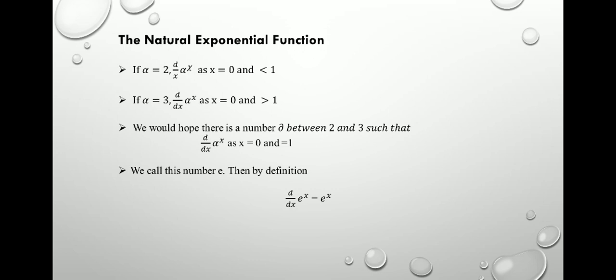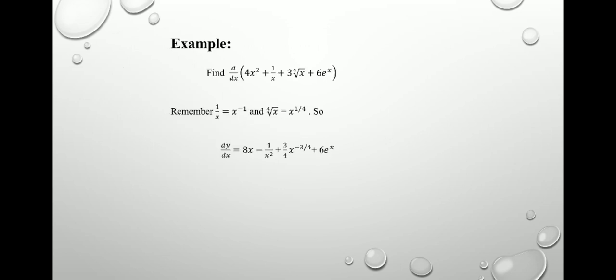We would hope there is a number a between 2 and 3 such that d over dx of a to the x at x equals 0 is exactly 1. We call this number e. Then by definition, d over dx of e to the x power is equal to e to the x power.